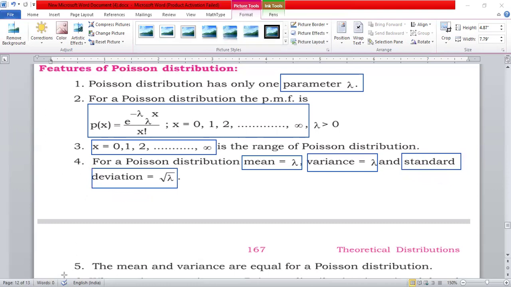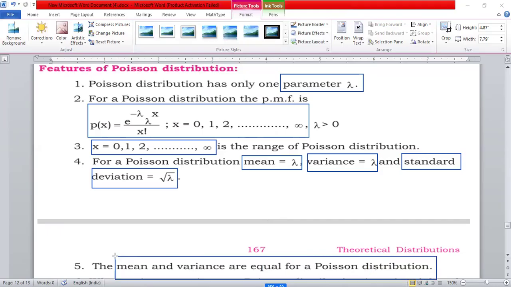So very important. What is the relationship between mean and variance? They are obviously equal. The mean and variance of the Poisson distribution are equal.